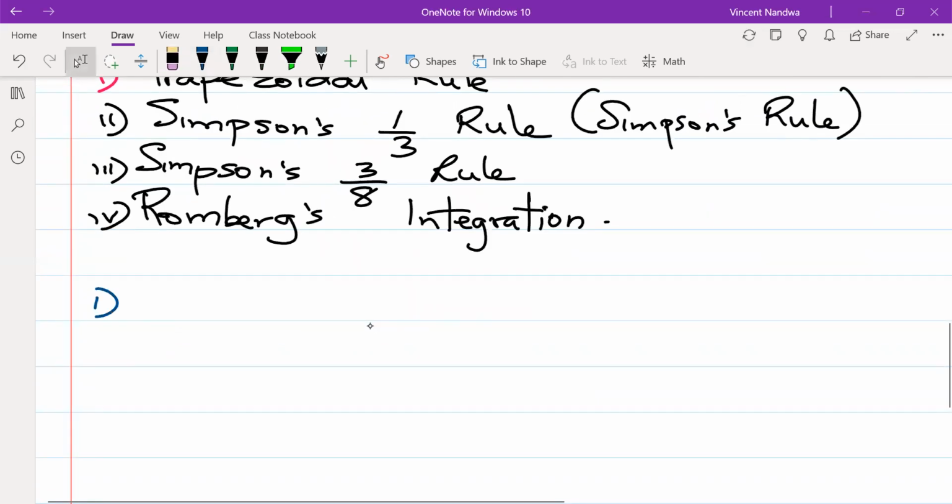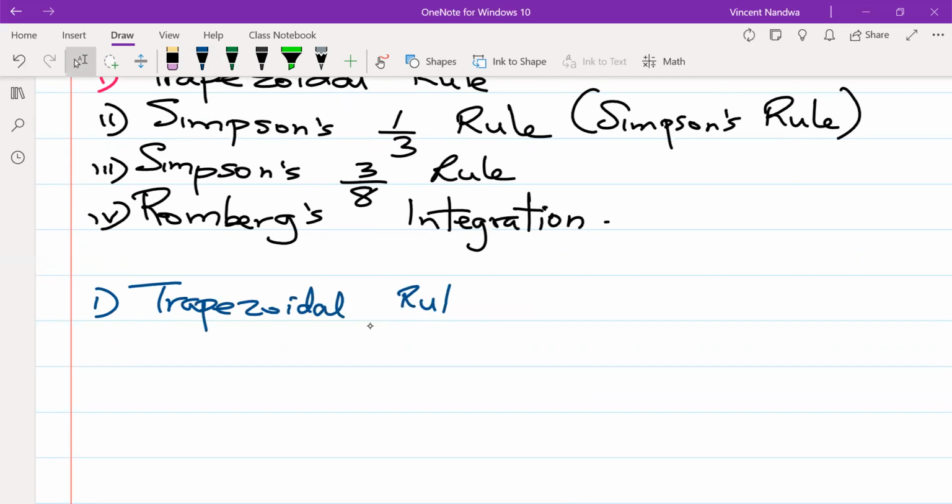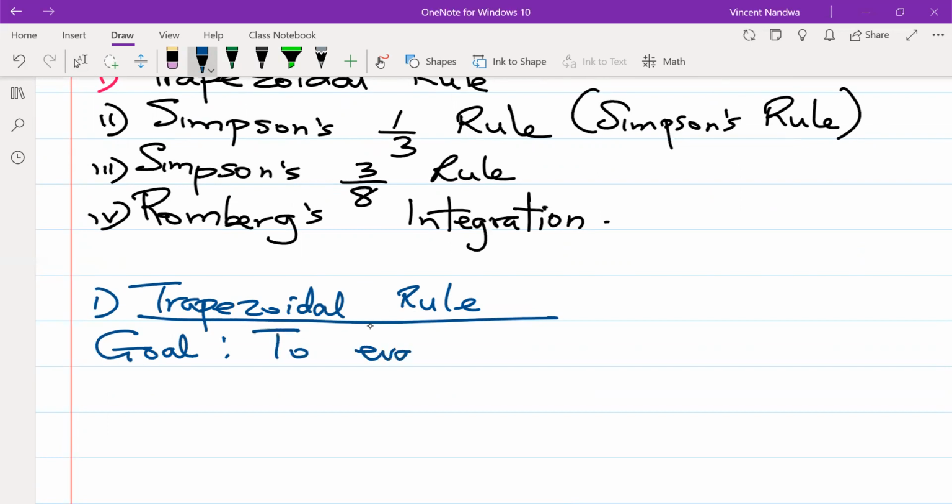So one, trapezoidal rule. The goal is to evaluate this integral. That's our main interest.